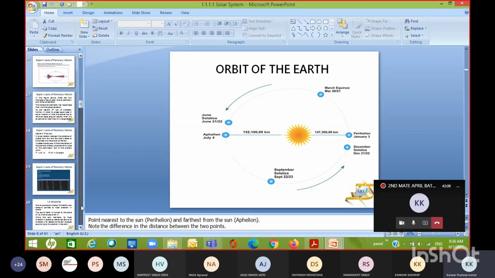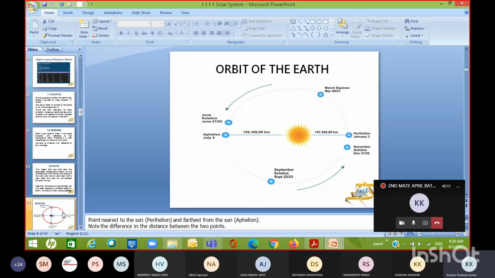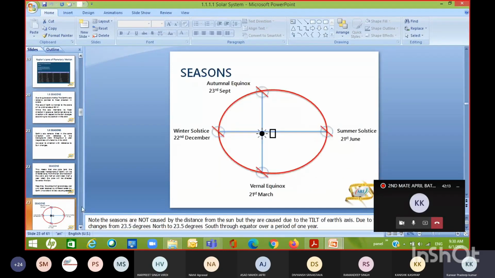I can show you in the book also, I think. This one, yeah. Can you see this diagram? Seasons? Yes, sir.